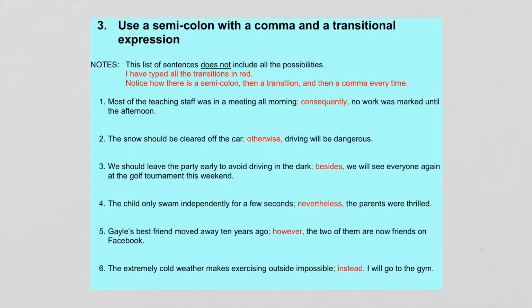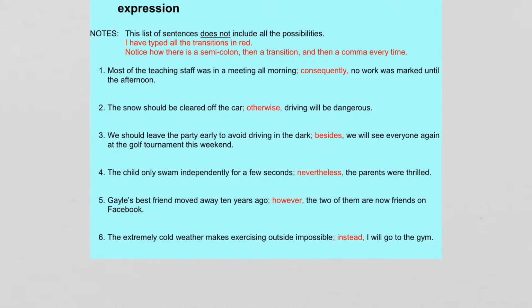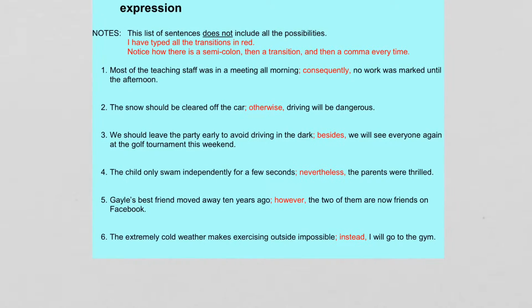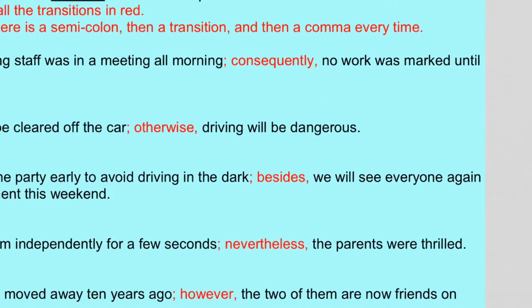Using a semicolon with a comma and a transitional expression. This might sound fancy, but really it's not. Let me just show you how I've typed all of the transitions in red, all right? And what I want you to notice is that there's a semicolon and then a transition and then a comma every time.